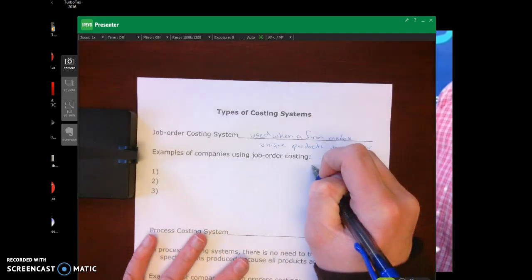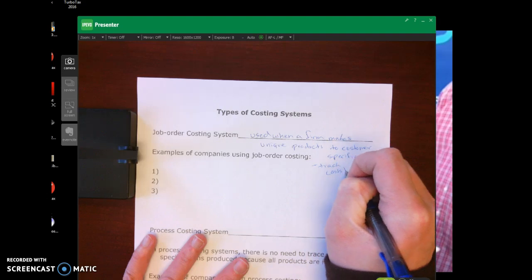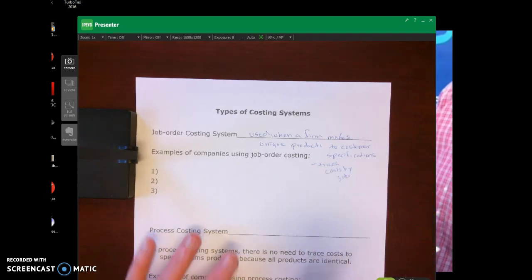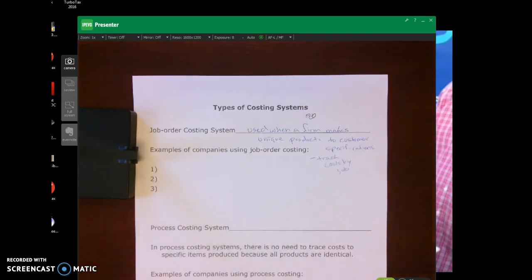The other thing about job order costing is we track costs by job. Okay? I'm going to switch pens over here, just because I can tell it's running a little bit low. Okay?